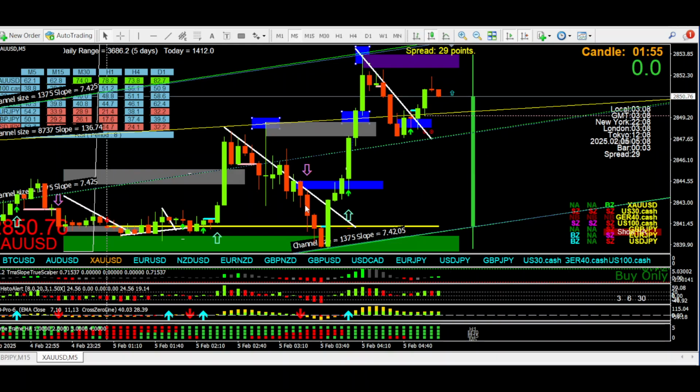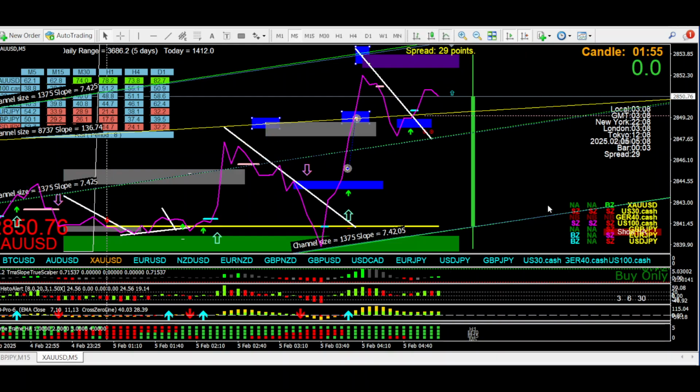2B reversals, 2B reversals, line charts, tons and tons of stuff I use. This long here, again, was based on this. This is the lowest low. You can just see it under there. So that is the first reversal.